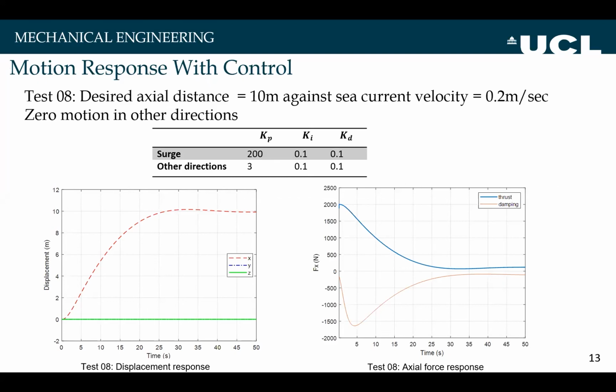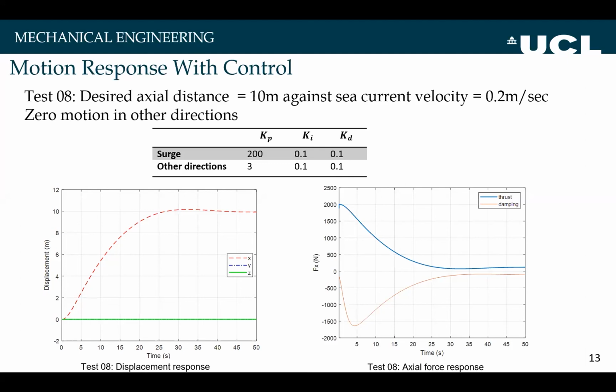Keeping the PID gains as shown in the table, though the propulsion gain is a little higher, which is obvious because it has to overcome the sea current velocity, which is applied right opposite to the axial direction. The desired axial distance is obtained in around 35 seconds. And the good thing is that there are no motions in the other direction.